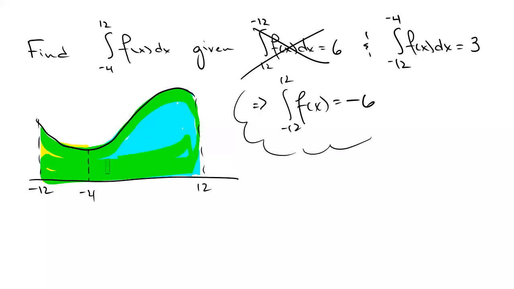I'm not going to shade this in too much here, but those two things are equal. The sum of the two smaller regions is equal to the entire larger region.